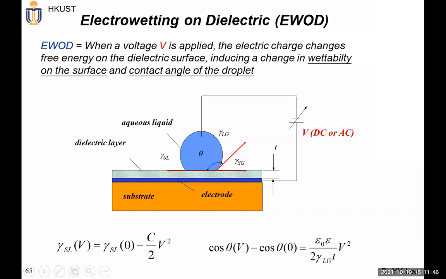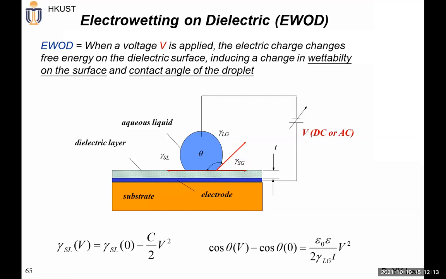In general, for electrowetting, the surface tension gamma equals a constant, modulated by a voltage-dependent term, right? And then the contact angle also depends on this voltage, right? Of course, in practice, we need to do this manipulation.